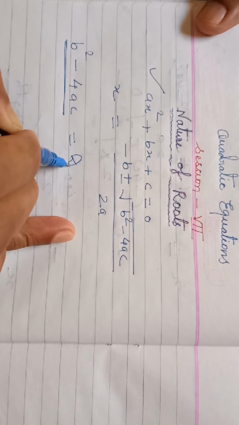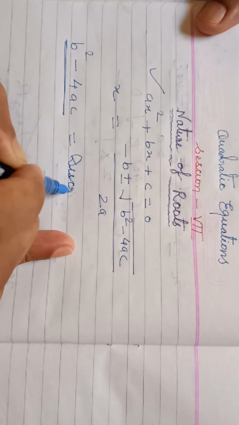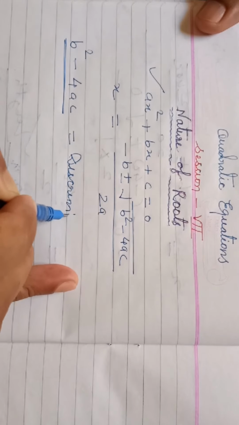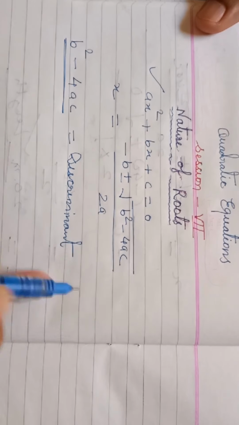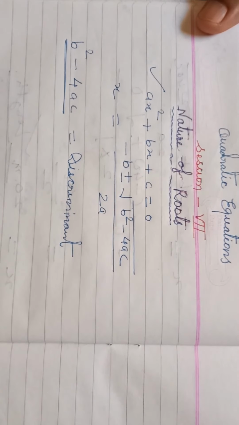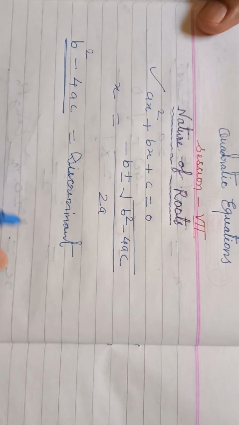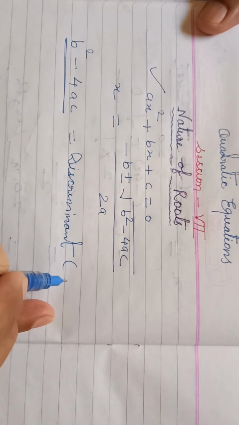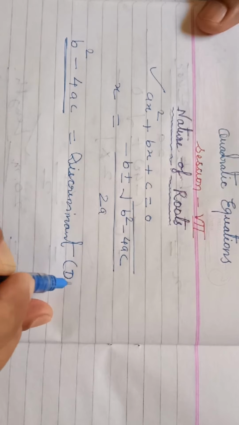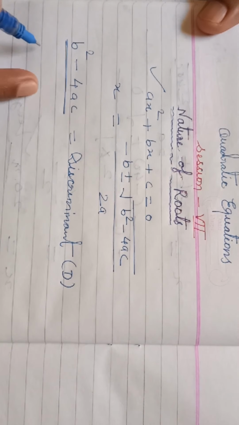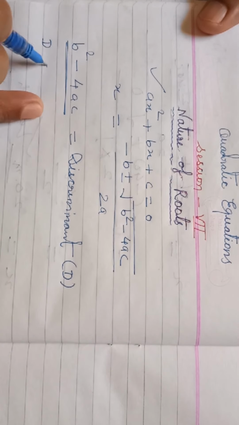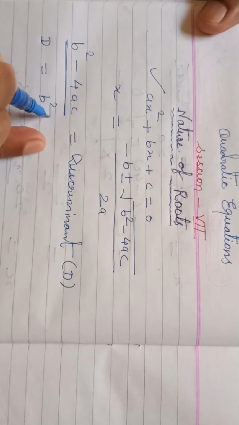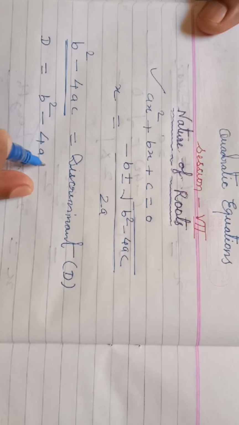So what we will write here? Discriminant of the quadratic equation, and we express it by the symbol d. So you can write d is equal to b square minus 4ac.